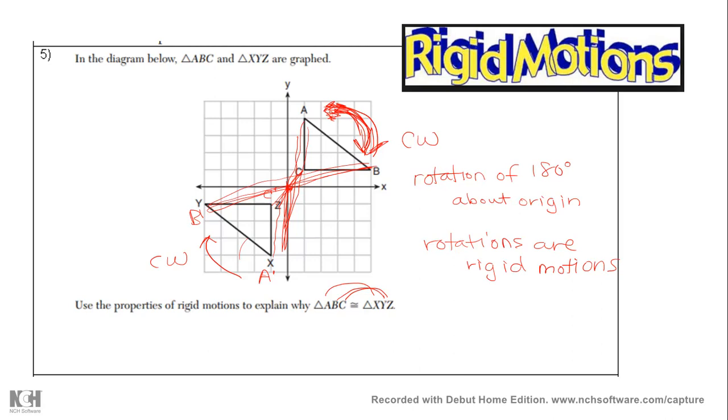Since they're all mapping onto each other, that means that they would be equal to each other. So AB, since it's mapped onto XY, is equal to XY or congruent to XY. They're the same length. And BC is going to be congruent to YZ, and AC, since it's mapping onto XZ, they're going to be congruent.